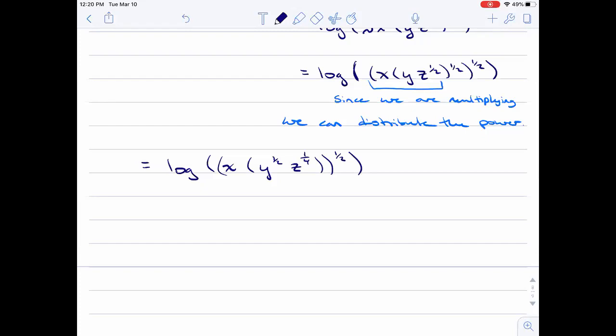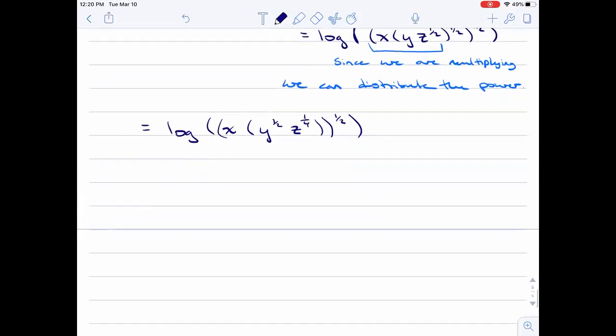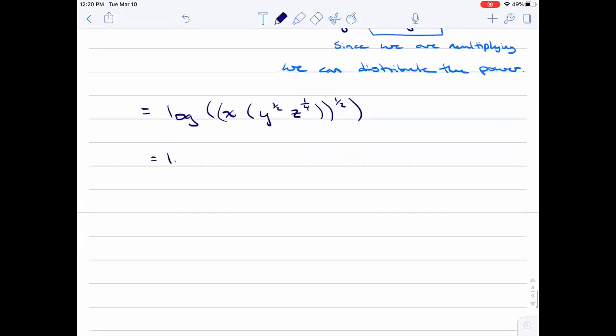Now I can distribute that 1/2 onto the x, the y, and the z. So now I have the log of x to the 1/2 times y to the 1/4 times z to the power of 1 over 8.